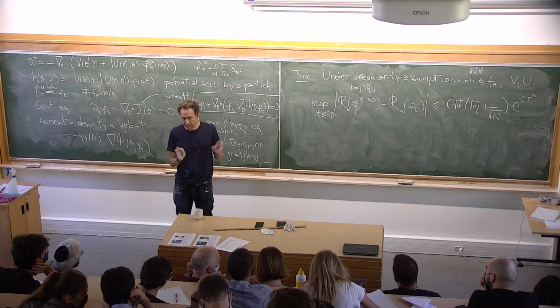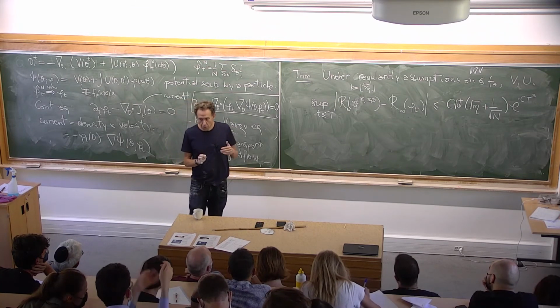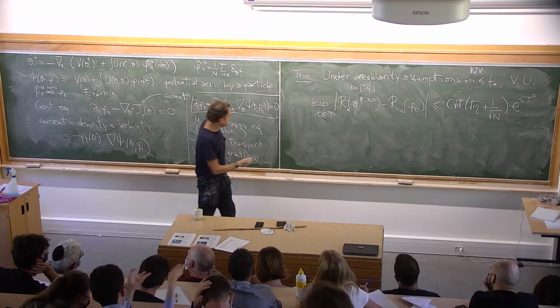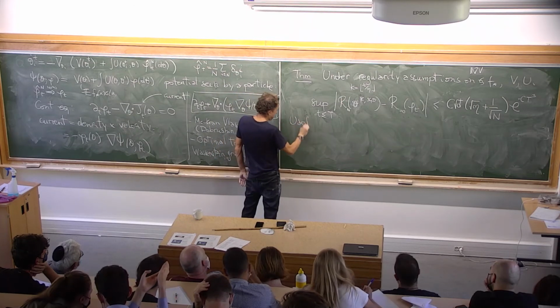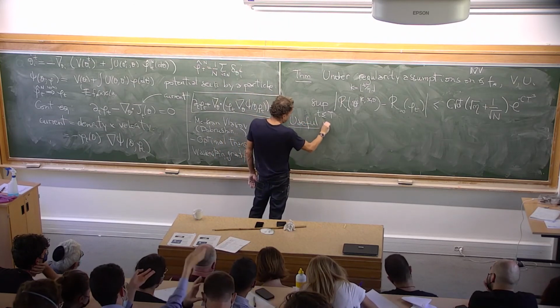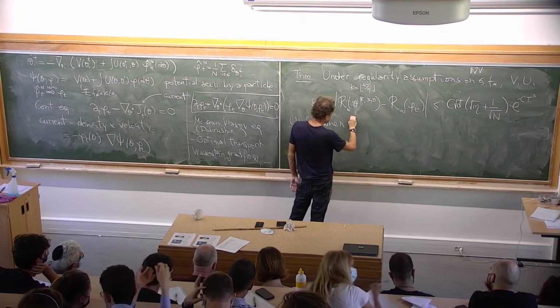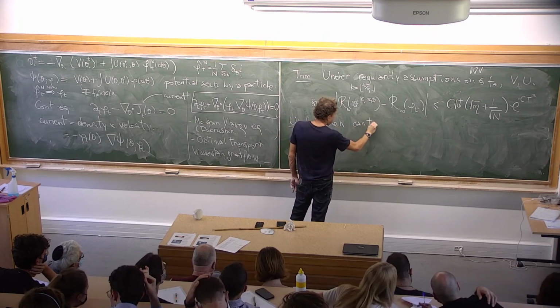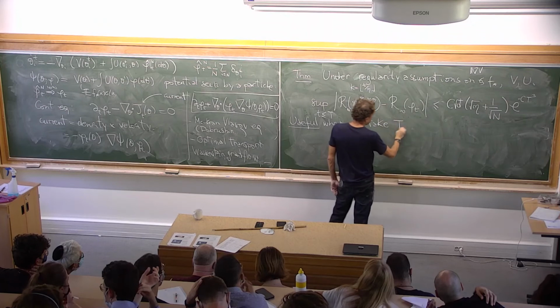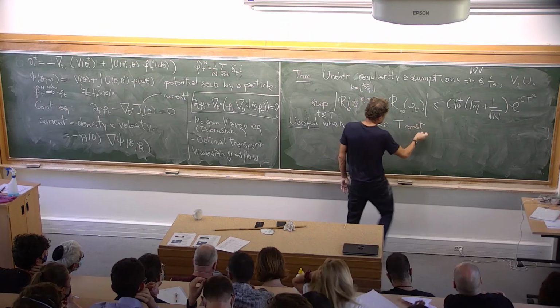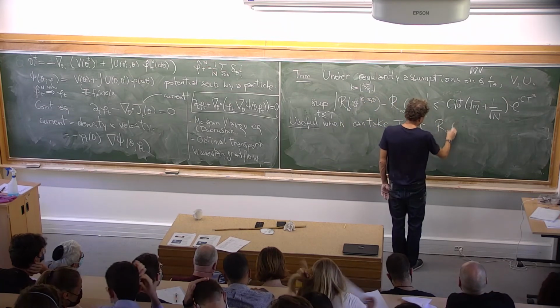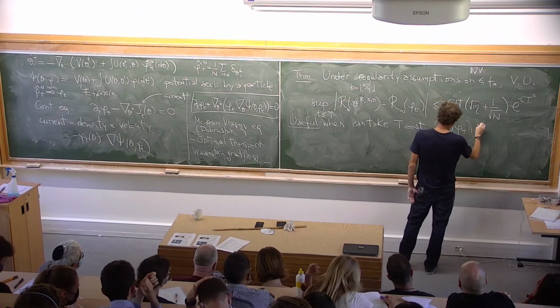Okay, so let me say when this theorem is useful. It's useful when I can take T a constant, and when T is a constant, R infinity of rho_t is less than epsilon.